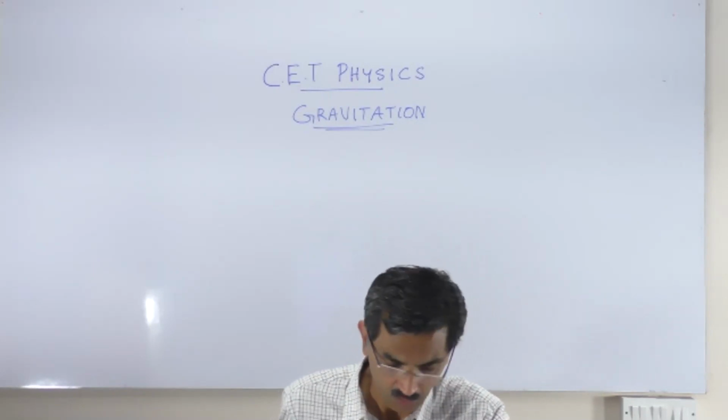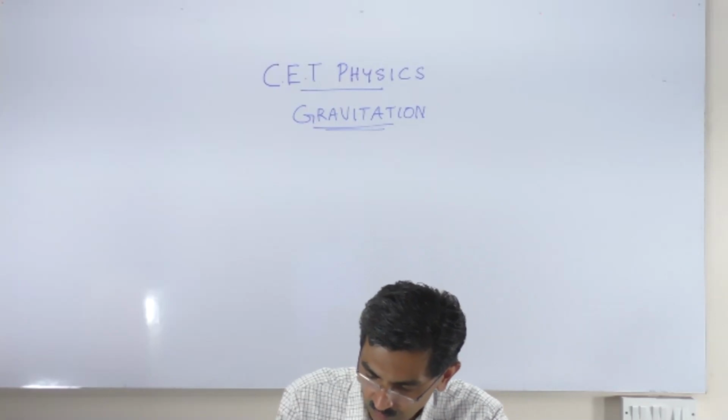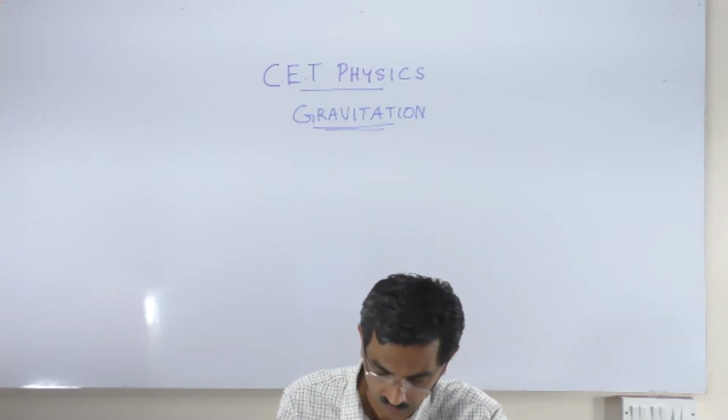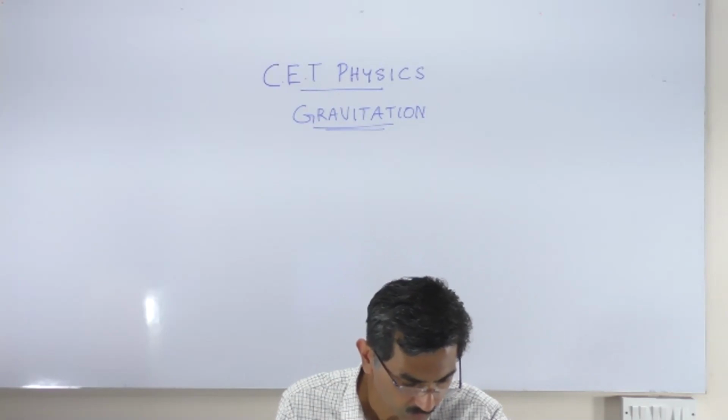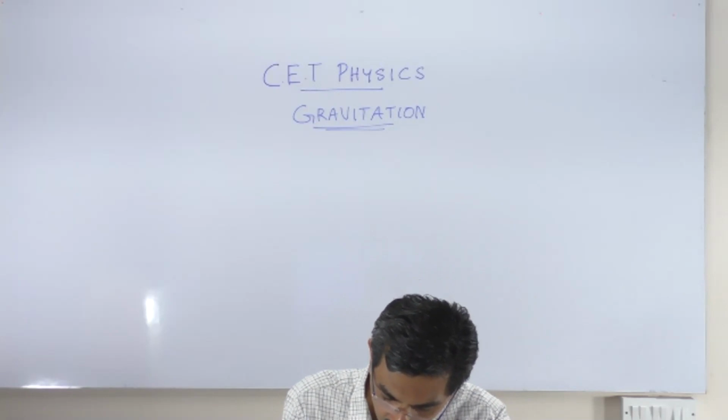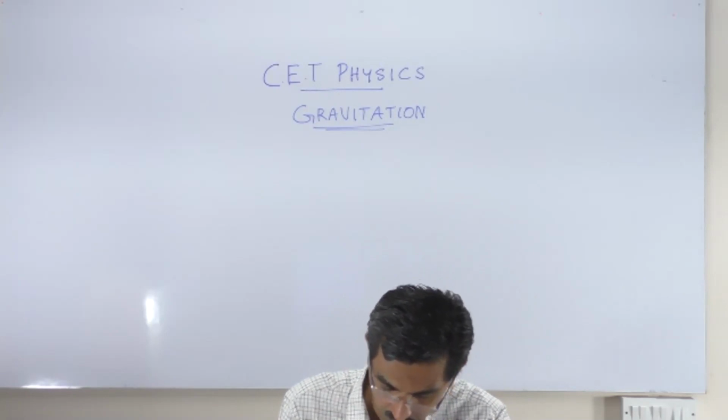All right. Now we have to express this thing in terms of mv square. So let's do that. So what is the orbital velocity? Orbital velocity is given by the square root of GM by r.